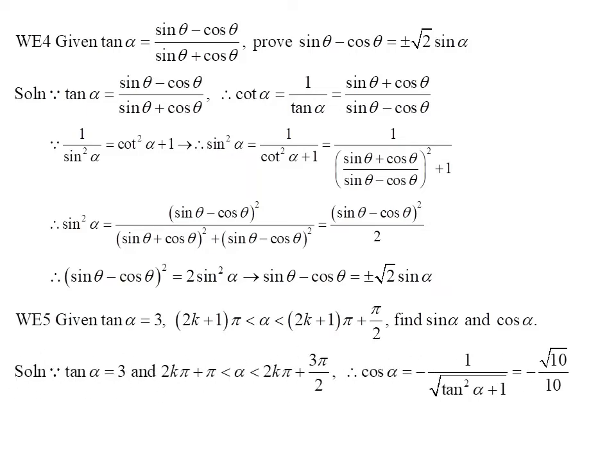Since tangent alpha equals 3 and alpha is located in the third quadrant, cosine alpha equals negative 1 over square root of tangent squared alpha plus 1, which equals negative square root 10 over 10. Hence, sine alpha equals negative square root of 1 minus cosine squared alpha, which equals negative 3 square root 10 over 10.